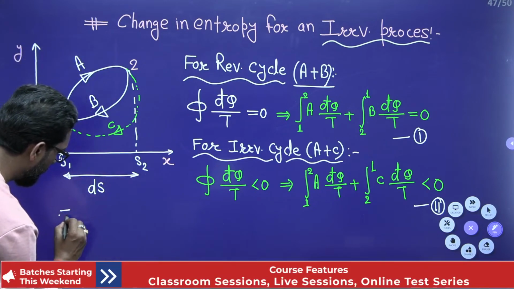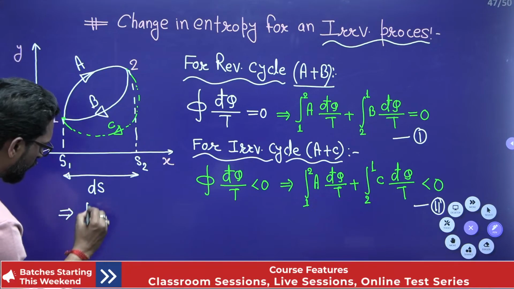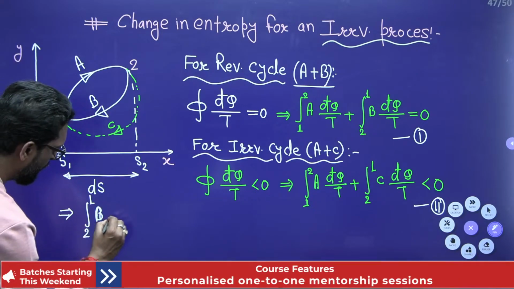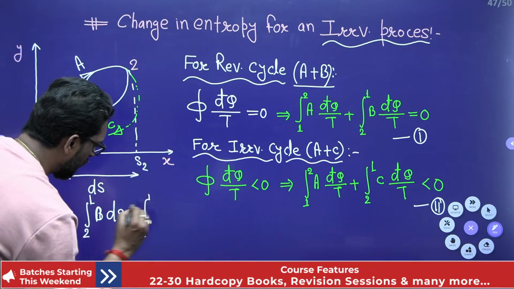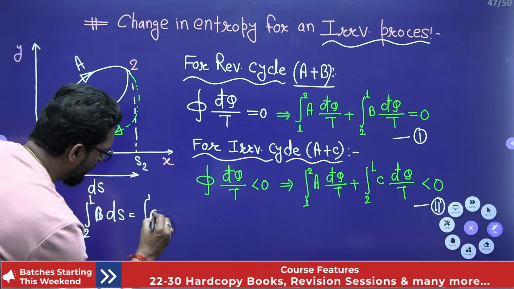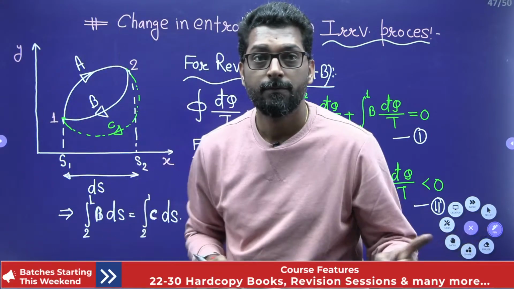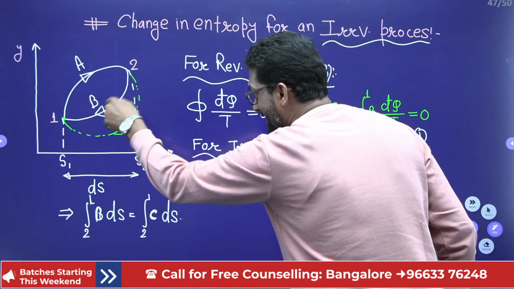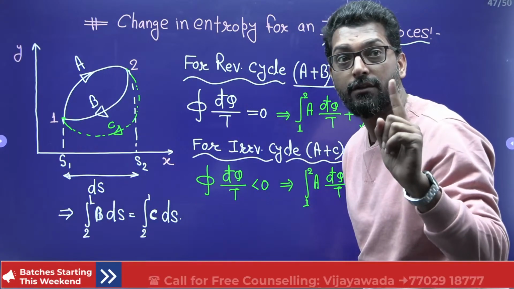That means we can write the cyclic integration from 2 to 1 via path B of ds is equal to the cyclic integration from 2 to 1 via path C of ds. This is very important, I am telling you. But if you write dq, the dq for this path is greater than the dq of this path.